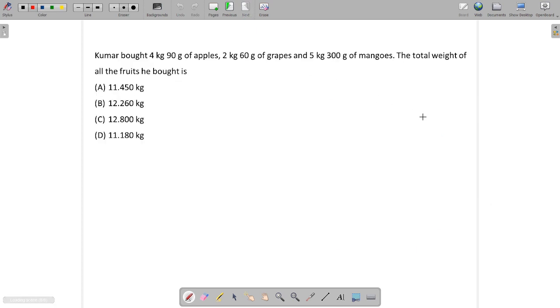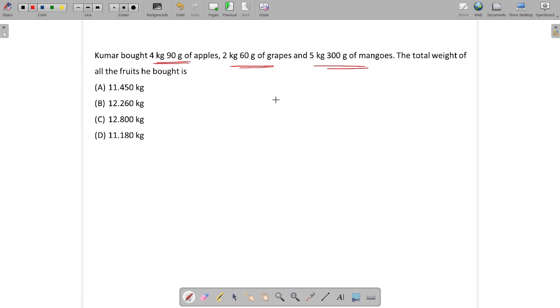Now let us discuss another question. Kumar bought 4 kilogram 90 gram of apples, 2 kilogram 60 grams of grapes, 5 kilogram 300 grams of mangoes. What is the total weight of the fruits he bought?